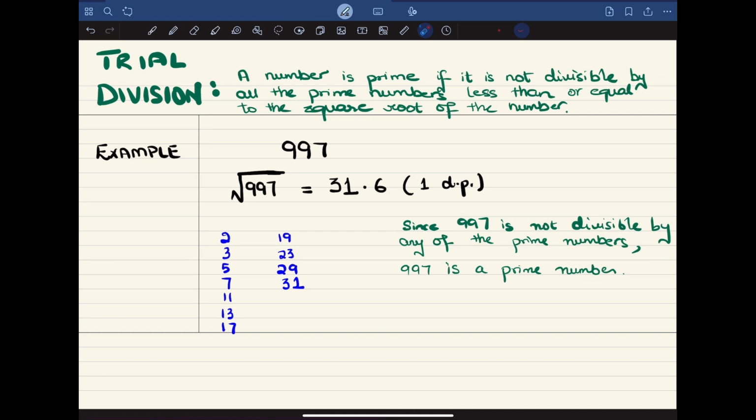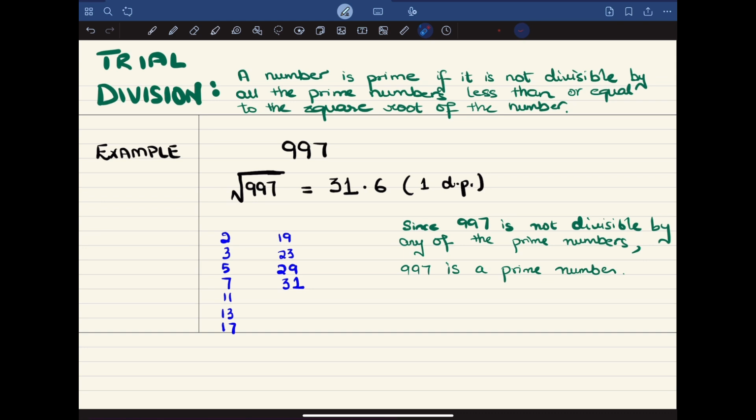But if it is not divisible by the listed prime numbers, then that number is a prime number. Okay? I hope this is not very confusing. This is not actually a concept, it is just a trick or a tip to help you figure out whether a number is prime or not.